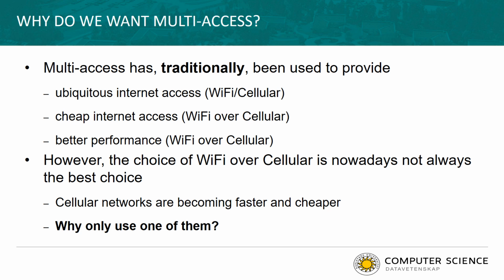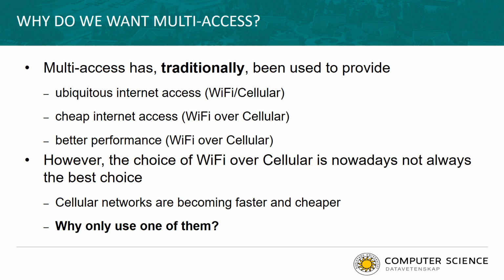So these are some ways of selecting one of the available interfaces to increase our coverage, our costs, or the performance. However, the choice of Wi-Fi over cellular is perhaps today not always the best choice. So sometimes our cellular network connection is faster and more stable than our Wi-Fi connection.